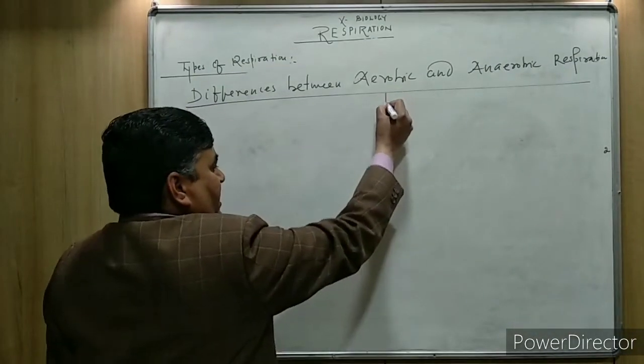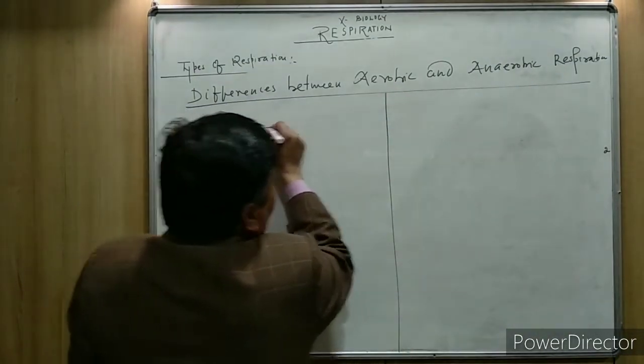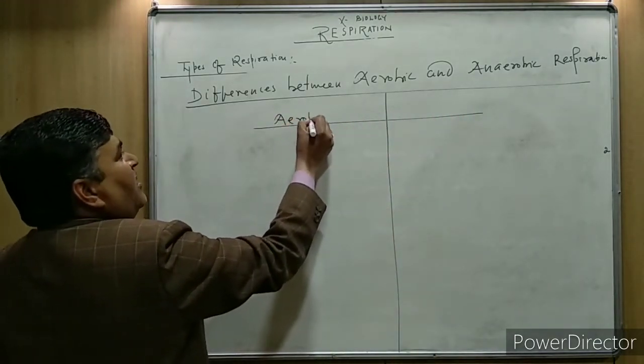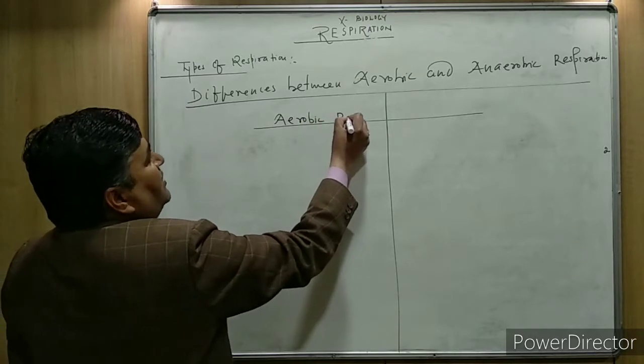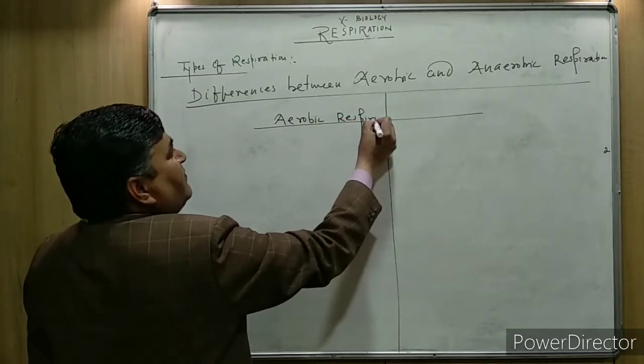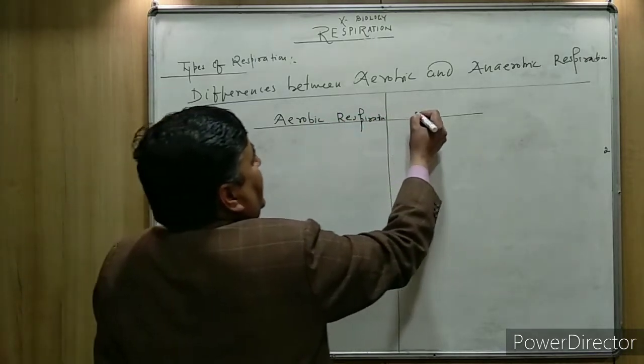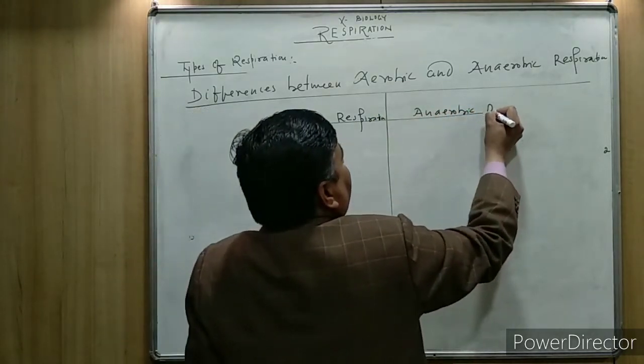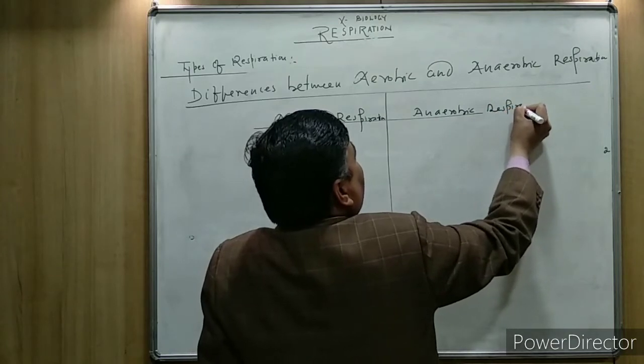You can write in the tabular form. On one side please note down aerobic respiration, and here note down anaerobic respiration.